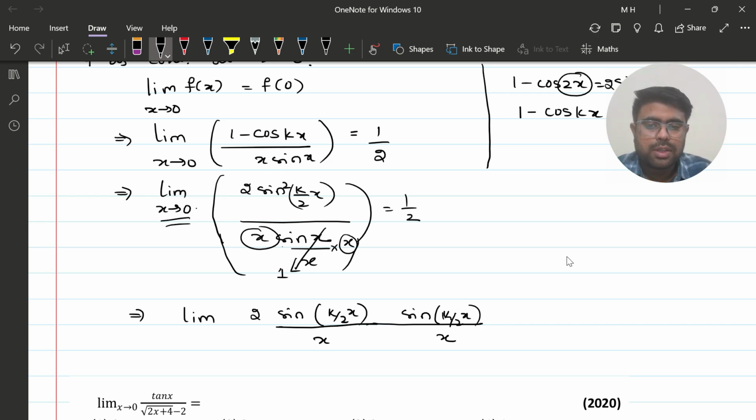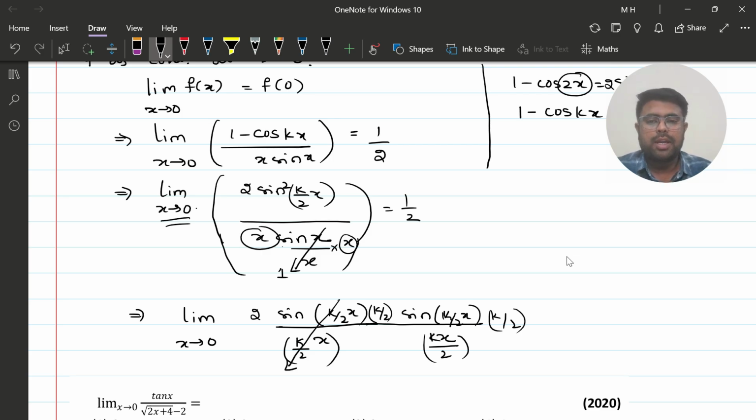Now I will multiply this with k by 2 and divide by k by 2, again multiply with k by 2 and divide by k by 2, as x tends to 0. As you can see, the limit of sine k by 2x divided by k by 2x as x tends to 0 is again 1, and this is also 1, which is equal to 1 by 2, right?